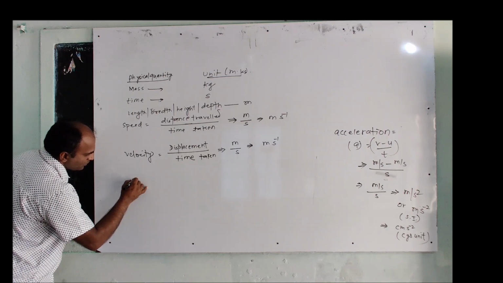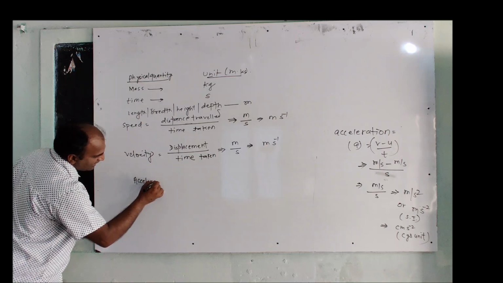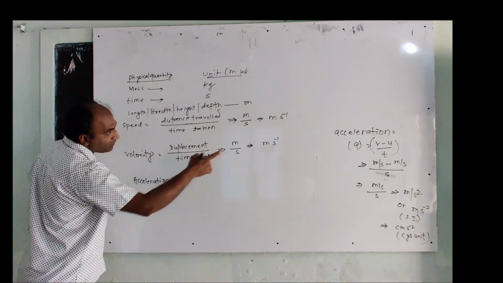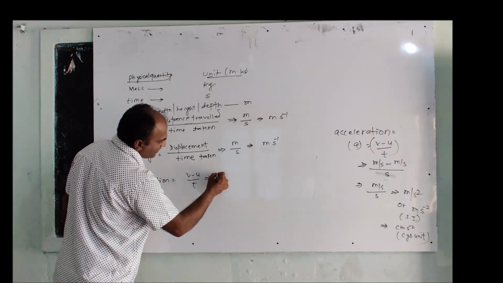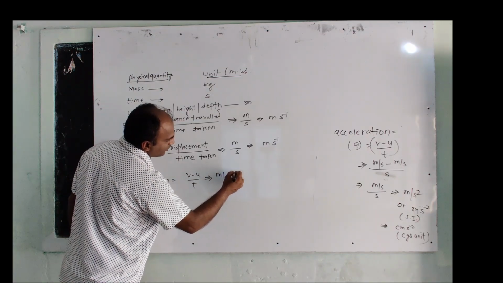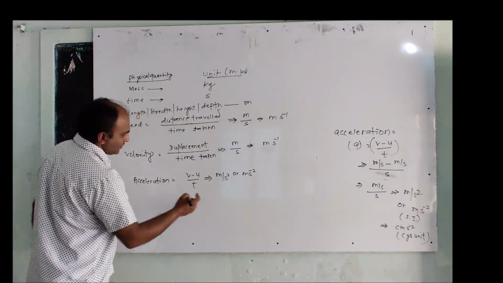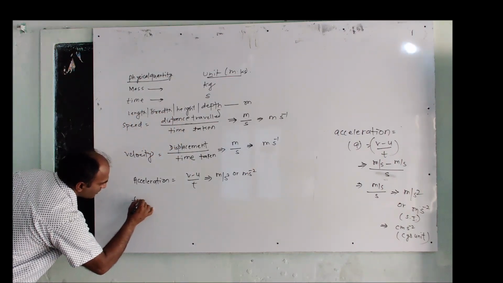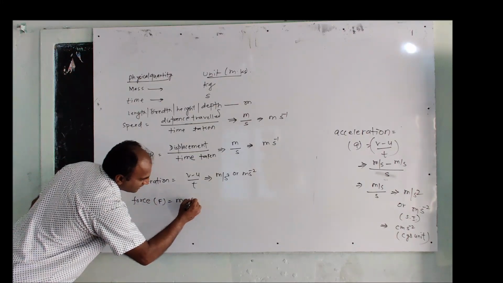Force, or we can write acceleration first. Acceleration, as I have already said, a equals (v minus u) by t, then meter per square second, or we can write meter second minus 2. Similarly, force: F equals mass into acceleration.